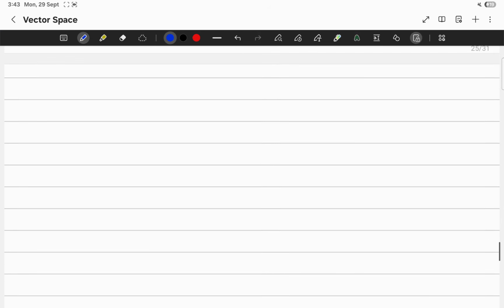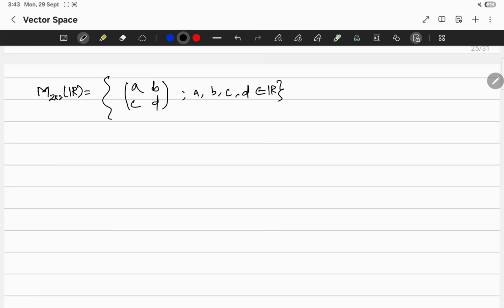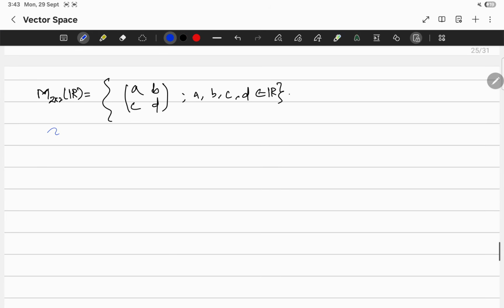Let's go through the basis for the matrix set, which we have defined as M2 cross 2 over R. You know the elements are in the form of A, B, C and D, where A, B, C and D are real numbers. So let's take a set of vectors here.